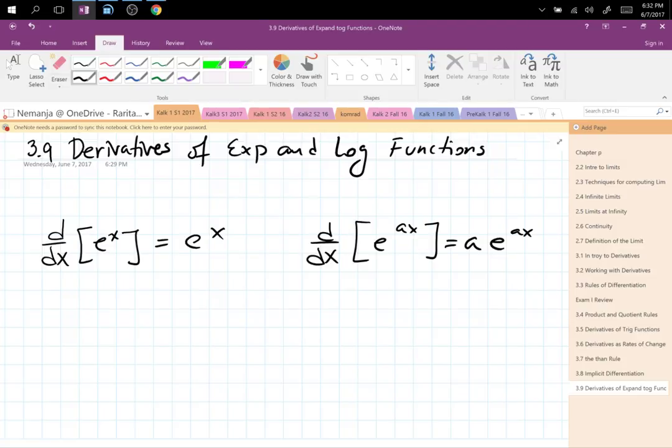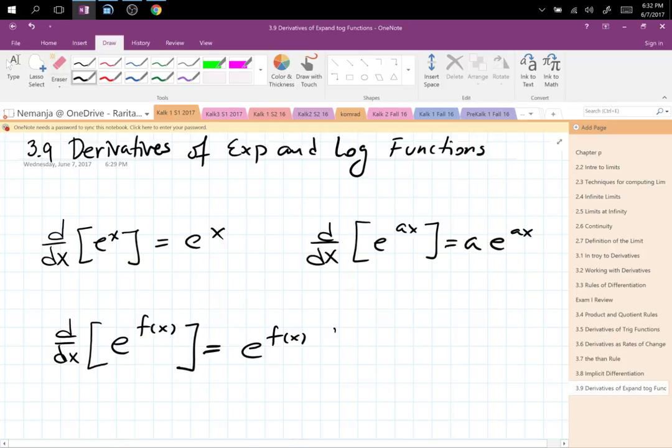We can say, what is the derivative of e to any function f of x? And now you see that you have to use the chain rule because f of x is plugged into e to the x, so the derivative must be e to the f of x times f prime of x as a chain.